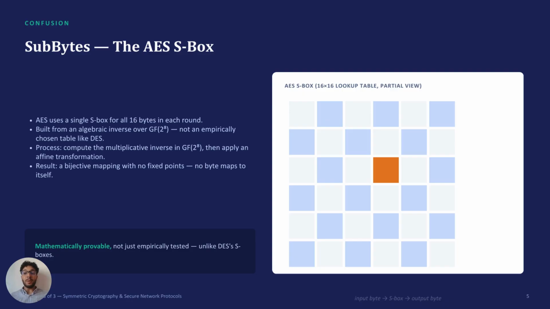This construction means that AES's resistance to differential and linear cryptanalysis isn't based on empirical testing. It's mathematically provable. No byte maps to itself. No byte maps to its complement. The AES S-box is one of the most thoroughly analyzed components in the history of symmetric cryptography.